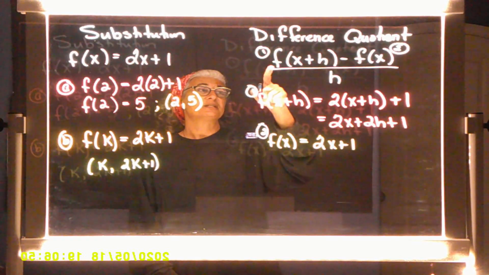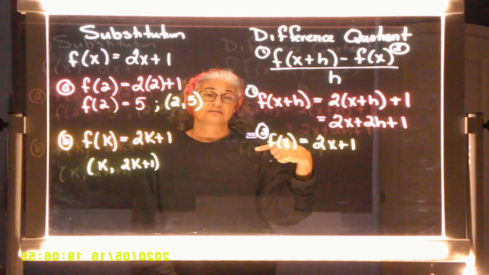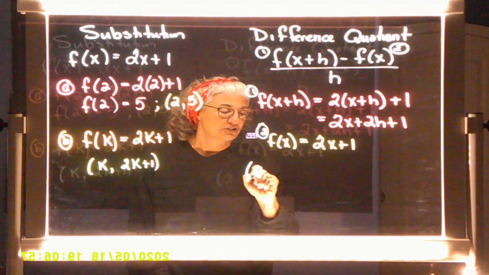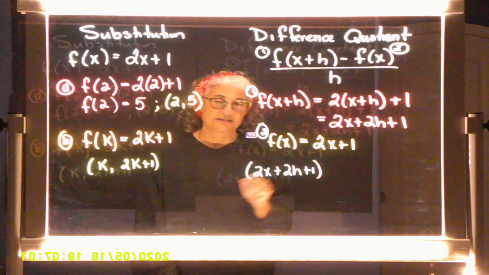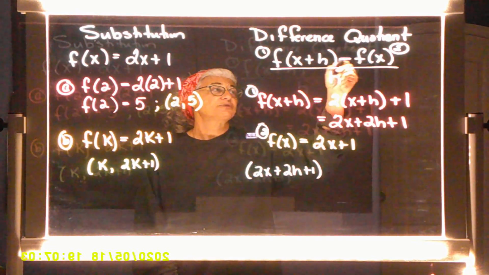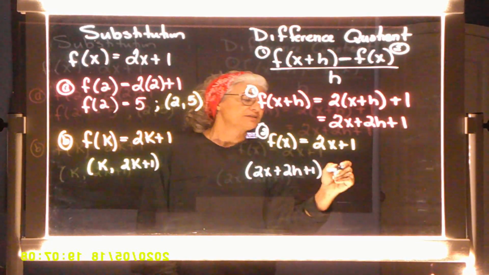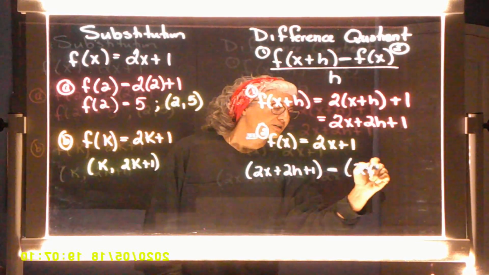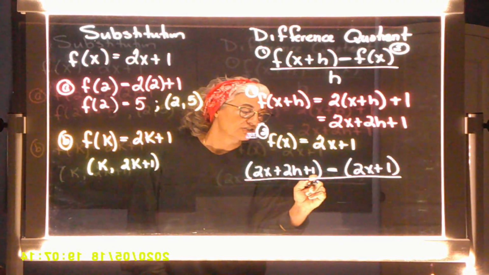So the first part is f of x plus h. I'm supposed to write that. Well, what did we get? We got 2x plus 2h plus 1, didn't we? And then we're supposed to subtract the second part, which was simply 2x plus 1. And this whole thing will be divided by h.